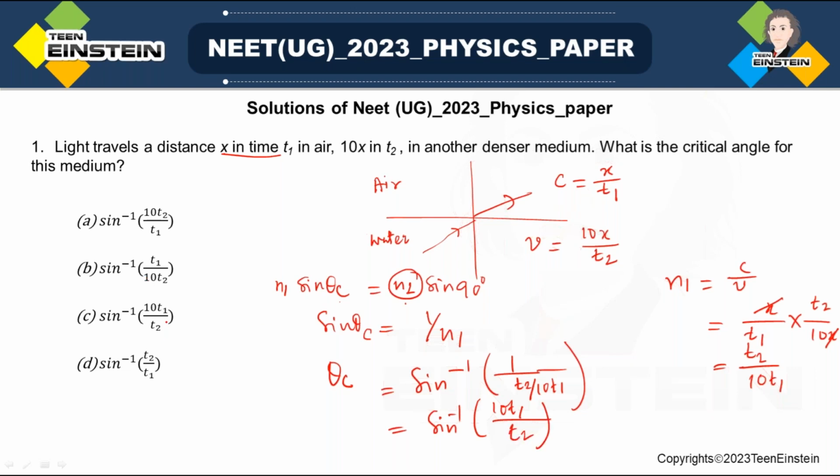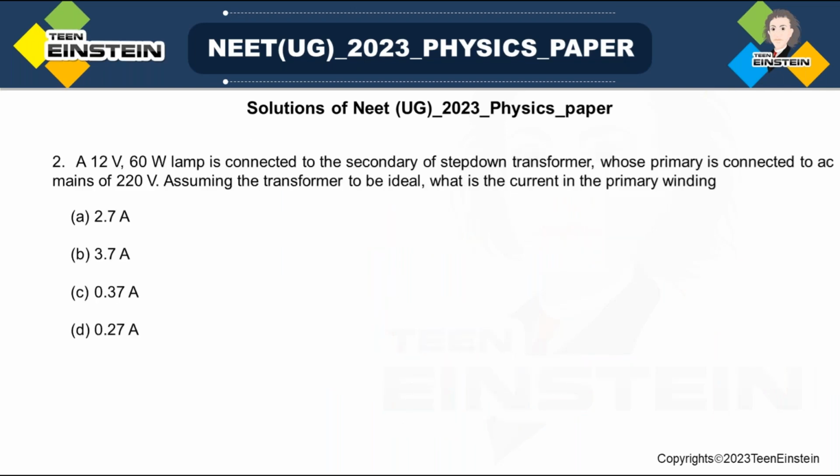Look here, option C will be the correct answer for this question. So you have to remember this relation for critical angle. Okay. Now we'll go to the next problem.